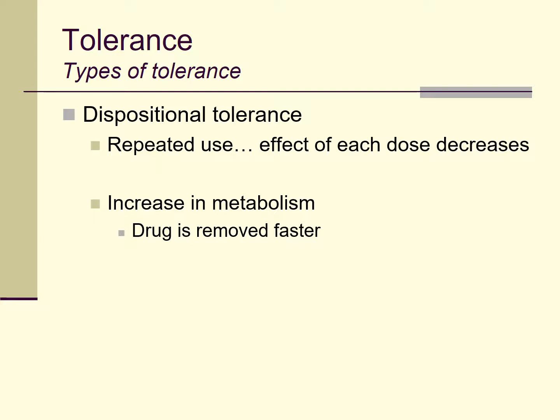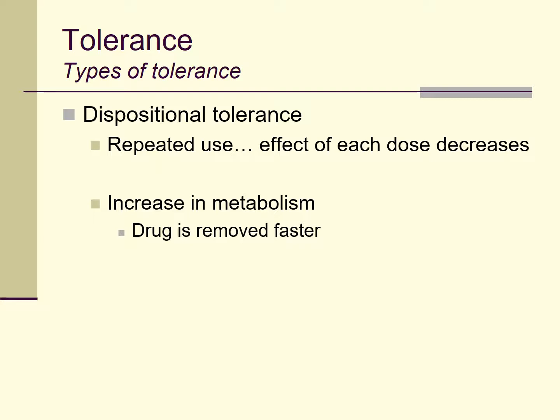Recall last time in my last lecture when I talked about pharmacokinetics, I talked about this idea that once a drug is introduced into the body, and maybe it begins to have effects because it's interacting with various parts of the nervous system, at the same time the body is working fairly hard to remove that drug. Different areas of the body are metabolizing the drug.